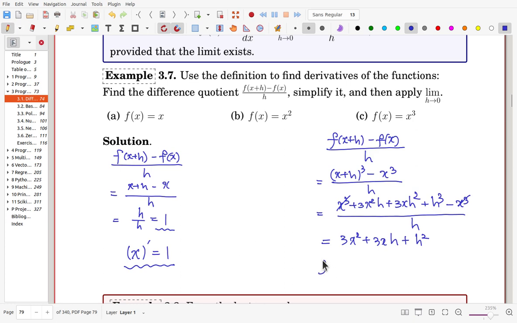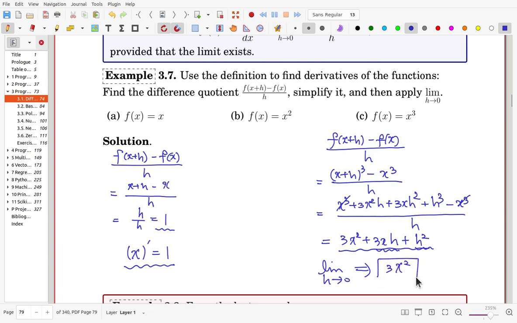Okay, now we are taking the limit. Here the limit as h approaches 0. Then this one will remain unchanged, but that one will go to 0. And again, this one will approach 0. So that we have 3x squared.